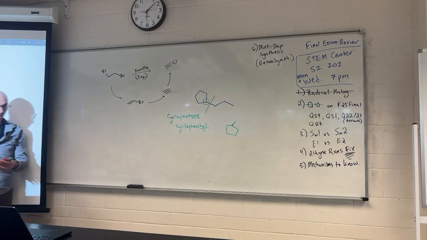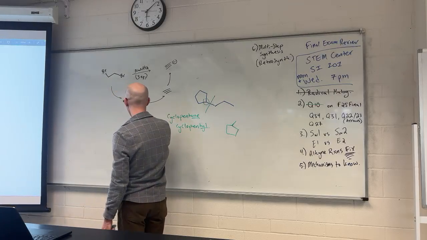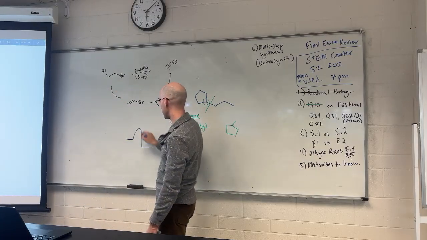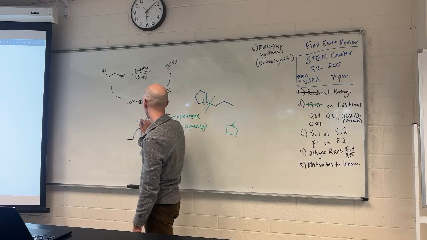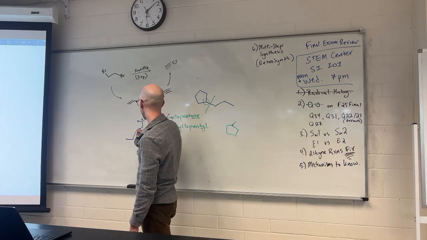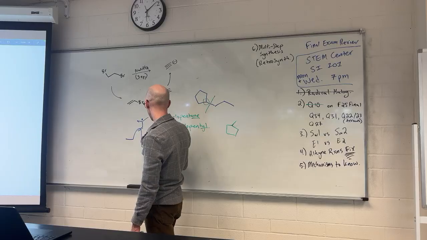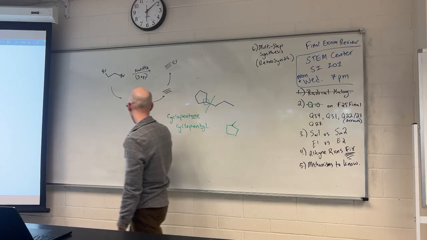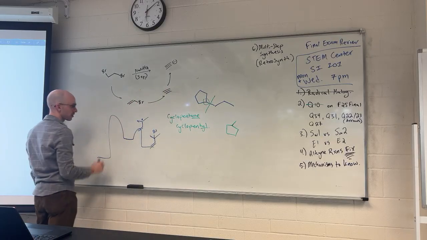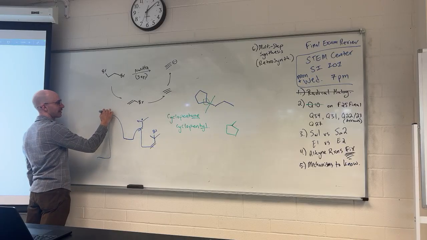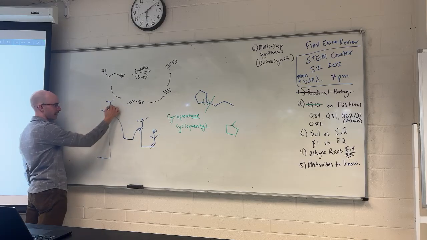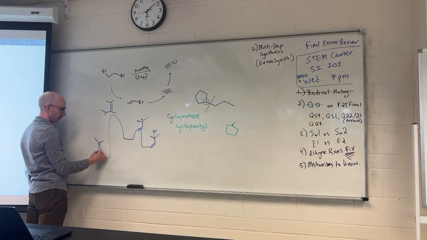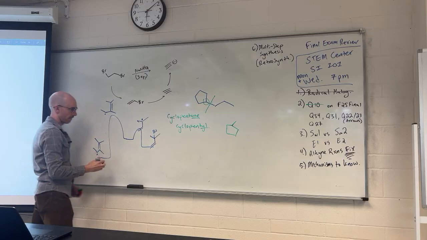A tertiary carbon radical forms more easily, but as we're showing, in this case, it forms a less substituted alkene versus a secondary radical, but it forms a more substituted alkene.